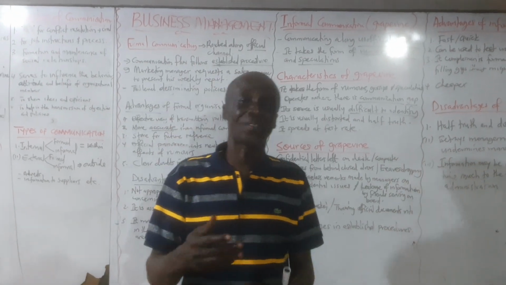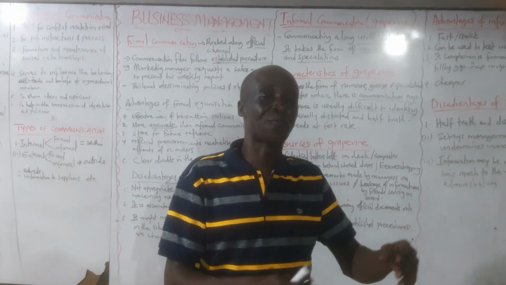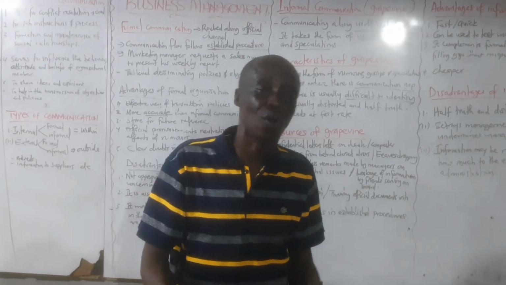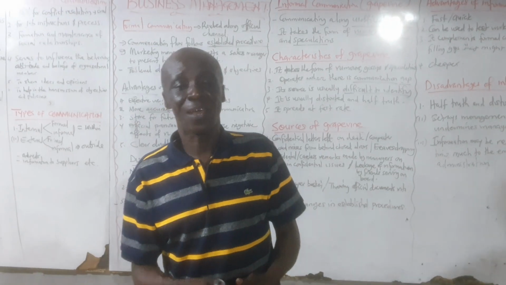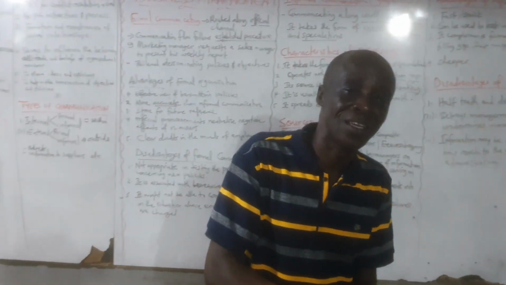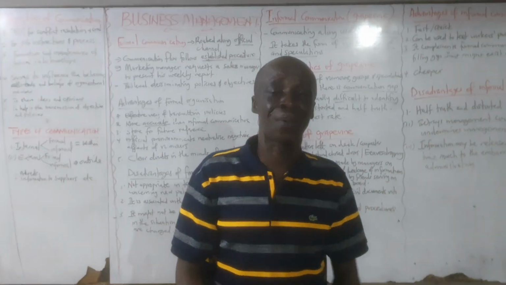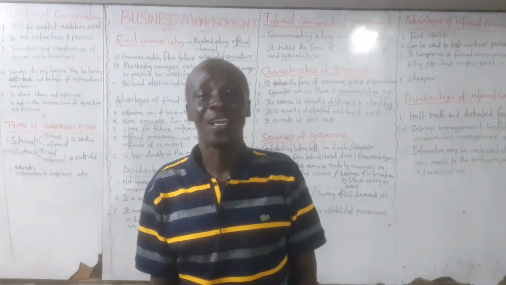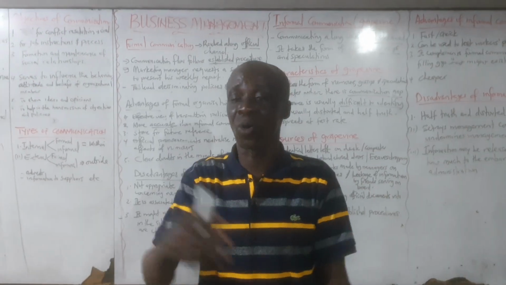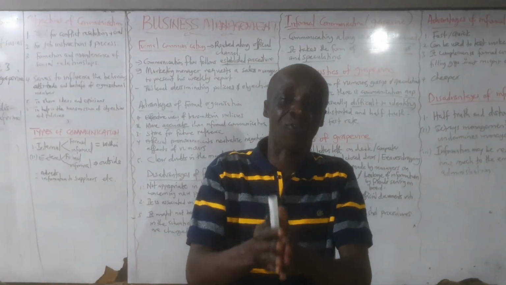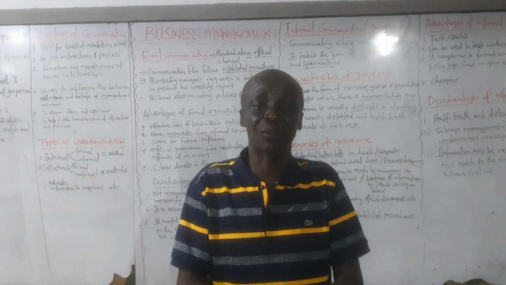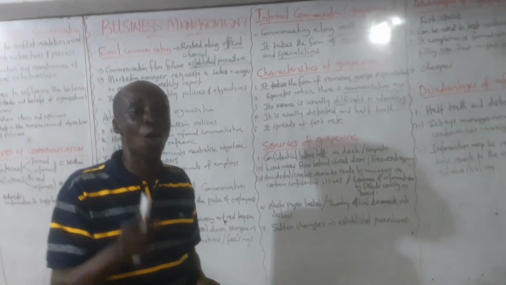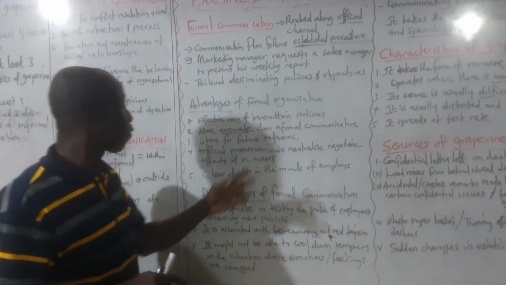If it doesn't come from that source, and it is coming from an informal source, if it is a grapevine, if it is a rumor, if it is gossip, the person may add something. Somebody might have told the person, and then he also tells another person, he adds something, and there are distortions all over. So if you want accurate information, the one that comes from the official source, the formal communication, is more accurate than the informal one.